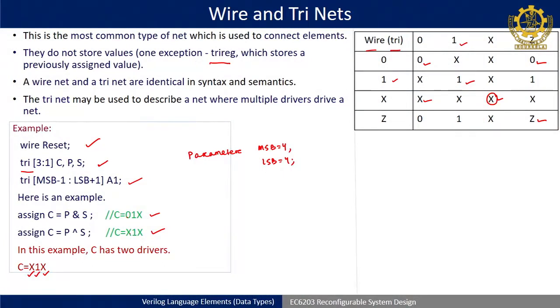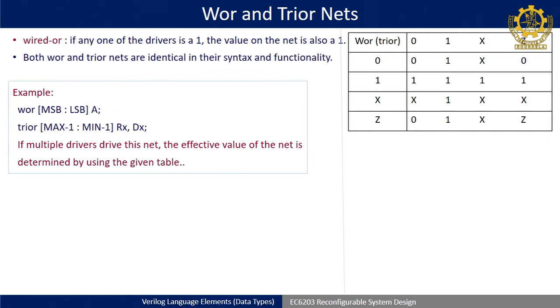Similarly, after this we will go for wor and trior. Both are almost similar in naming, and you can use either at any place, but for better readability they have two different names. Mostly you can use wor, as you are more acquainted with wire. In trior you can use it in some cases, like tri-state buffers.